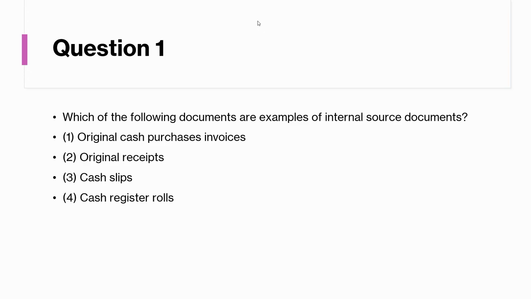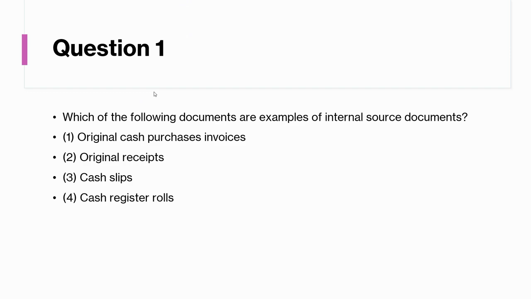So now let's look at the first question. It says which of the following documents are the examples of internal source documents? The internal source documents are documents that the company generates, mainly when the transaction is initially being generated.